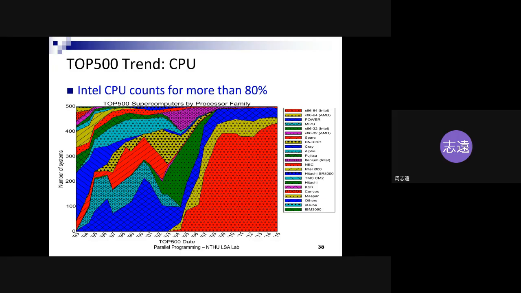But I believe the percentage for AMD CPUs will probably increase a lot, starting from this year and over the next few years as well. So the trend also changes over time.